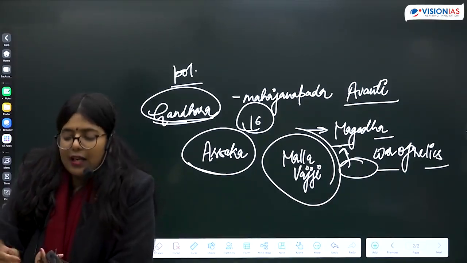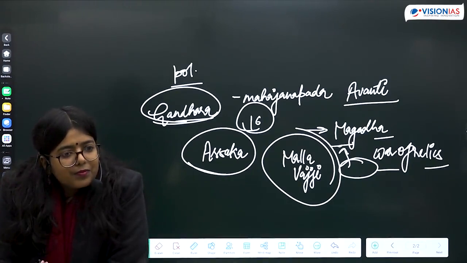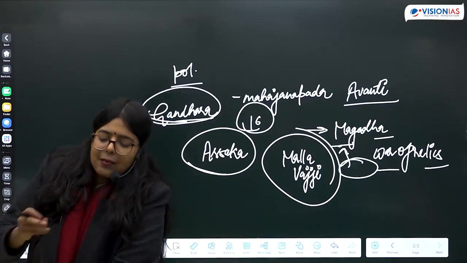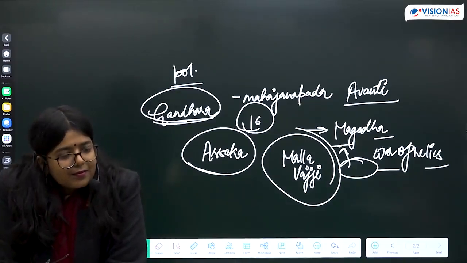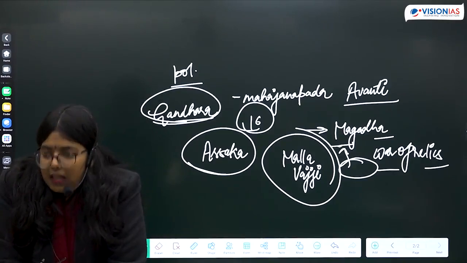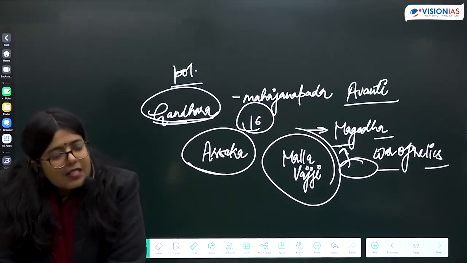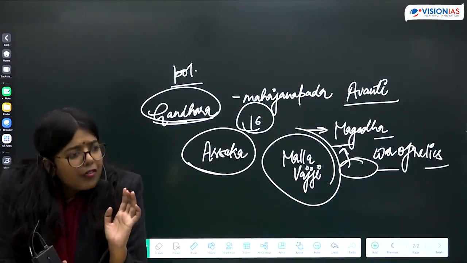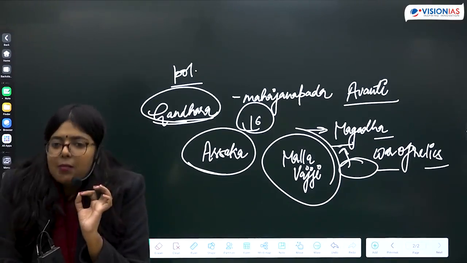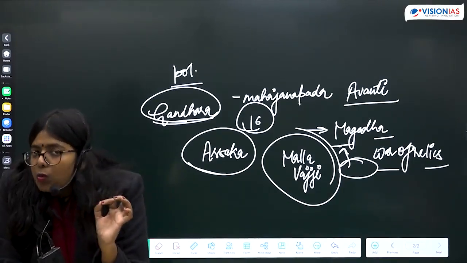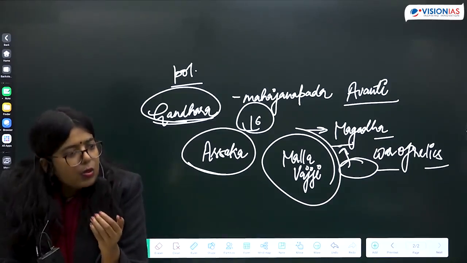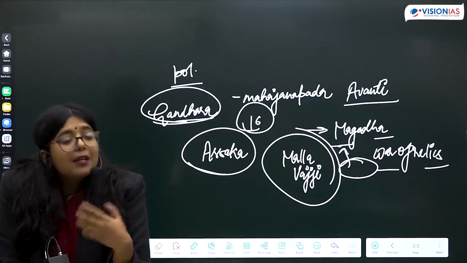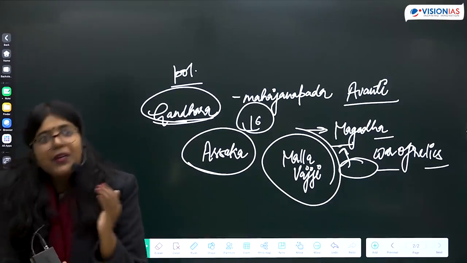See, when Buddha died, where did Buddha die? Kushinara or Kushinagar. Whose capital is it? Malla. So it is the capital of the Malla rulers. They kept the relics of Buddha. Now Buddha was very popular by then, so other rulers were interested in getting the relics of Buddha, because it was something they wanted to venerate.